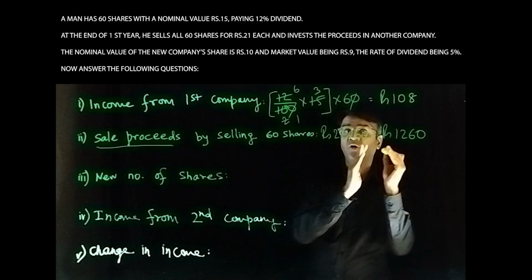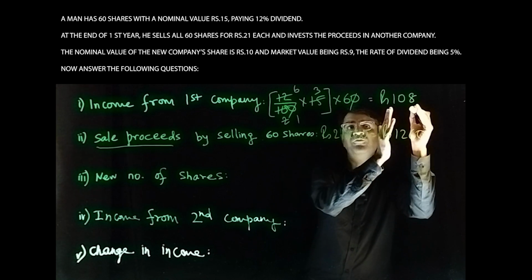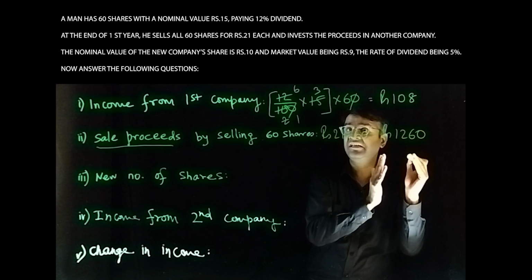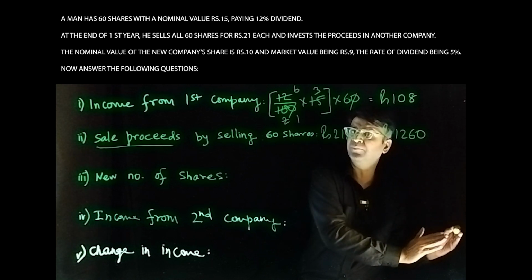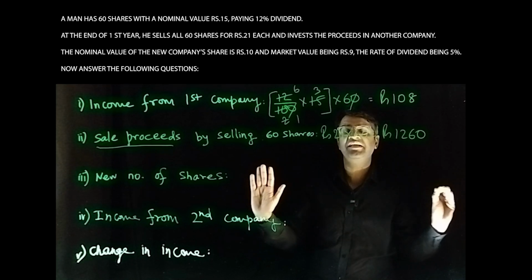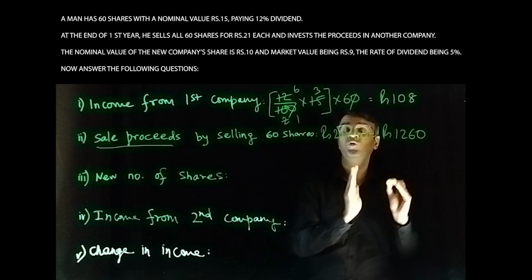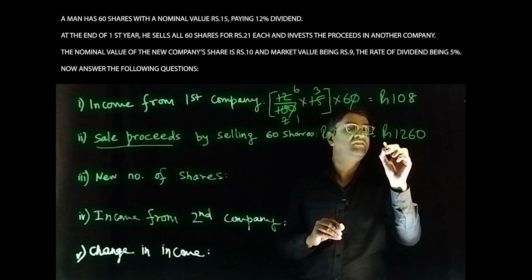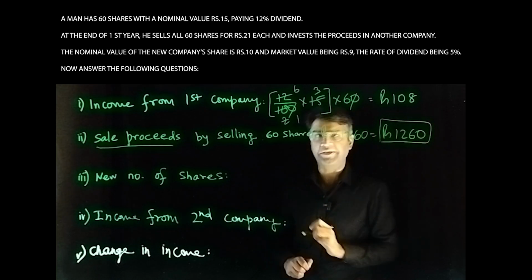Okay, now remember there is a type of sum where the income from the first company is included while buying the shares of the second company. Here that is not the case. The question specifically tells you not including the dividend. So this will be the investment in the next company.